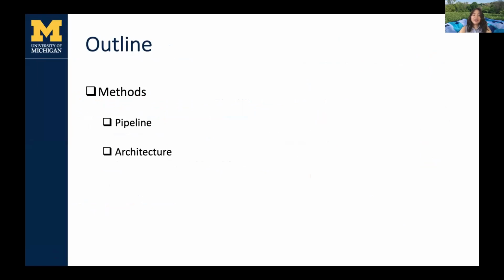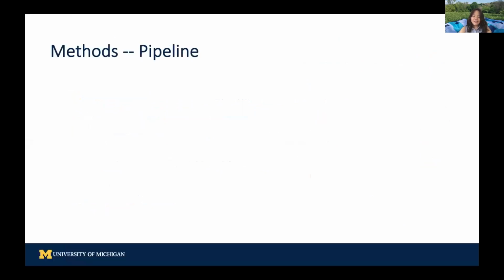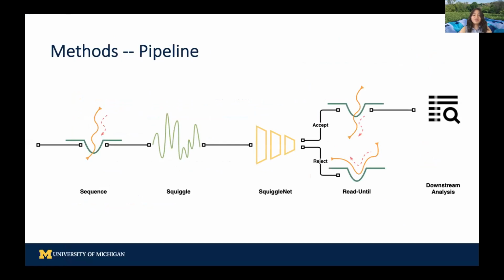In terms of methods, the entire pipeline of SquiggleNet is straightforward. The network is first trained to recognize certain classes of sequences, such as human versus bacterial DNA, using labeled examples. Then, as the nanopore sequencer generates raw electrical signals from a new and unseen sample, SquiggleNet can rapidly classify each molecule to determine whether it is a sequence of interest or not.